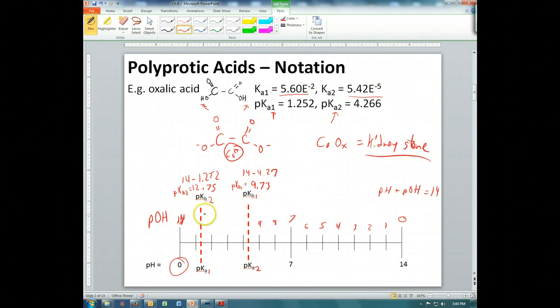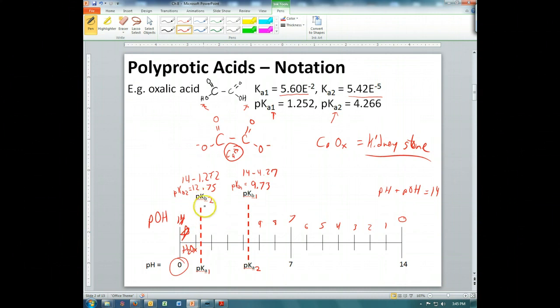Now, I also want to point out that when we're at very, very, very acidic conditions, way down in here, we're going to be in this area where there's so many protons around that any time that a proton pops off for the first time, this thing's going to bump right into another H+ sitting around in solution, and it's going to stick right back on. We know that's how equilibrium works. So when we're in the very, very acidic range, we're going to have H2OX.